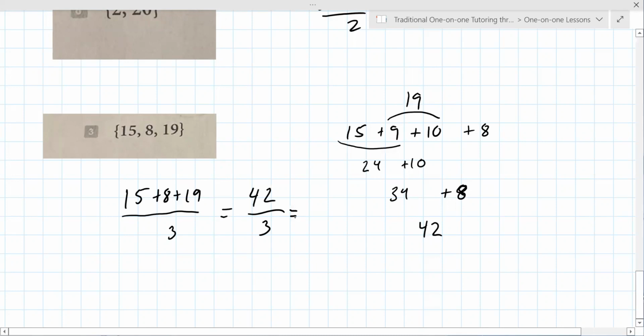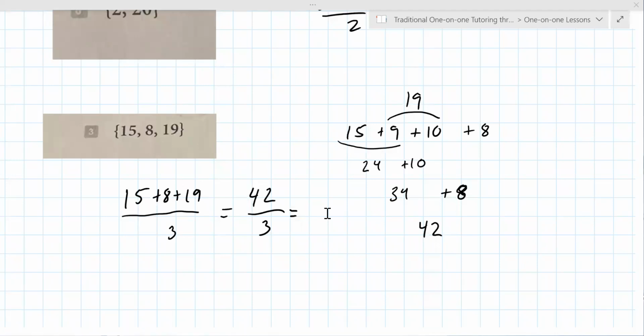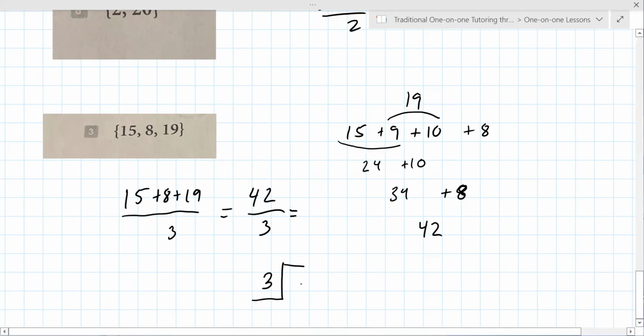Can you tell me what 42 divided by 3 is? 12. Try again. Oh, sorry. It would be 21. That's 42 divided by 2. So if you need to, you can come off to the side here and use your division skills and work through it that way.